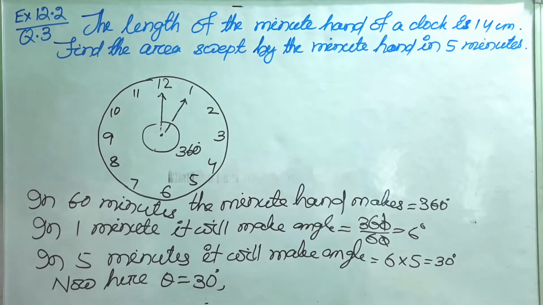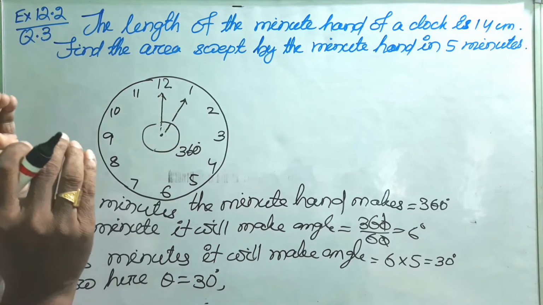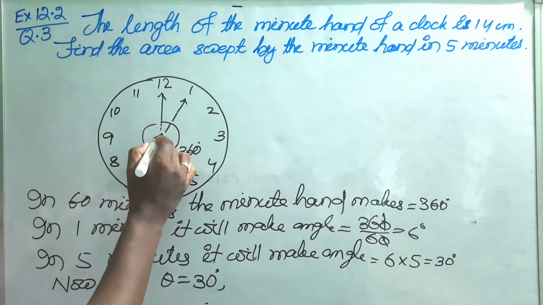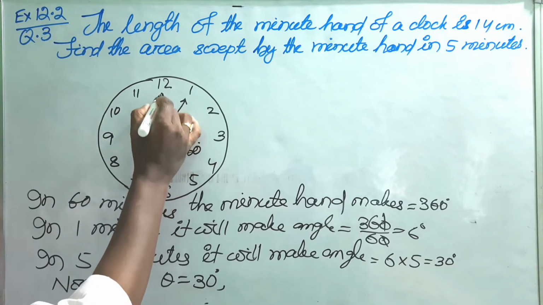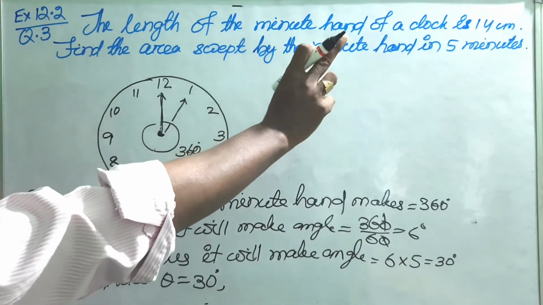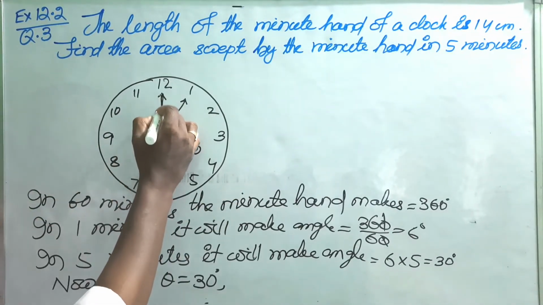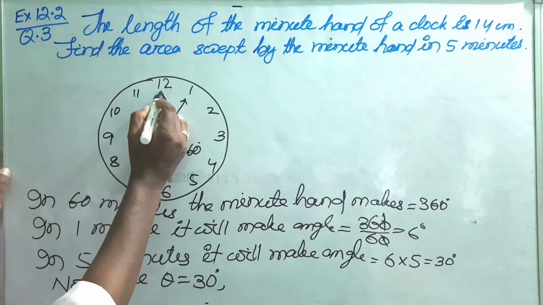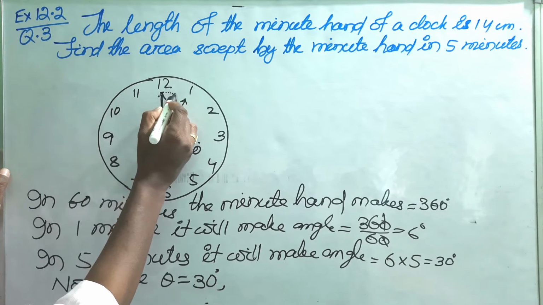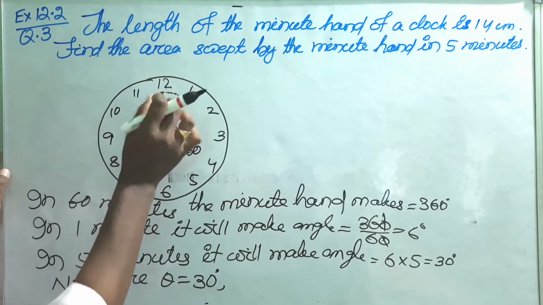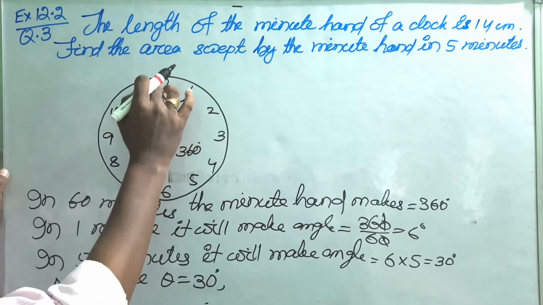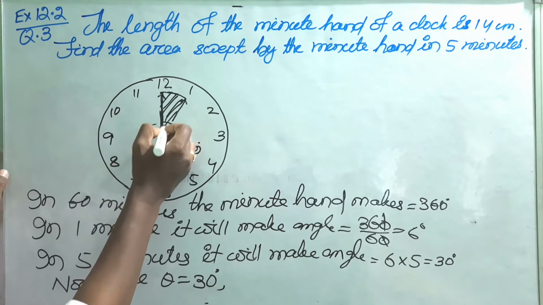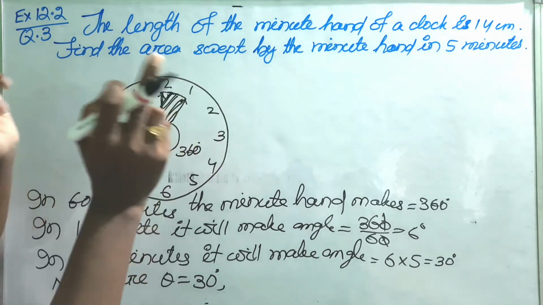Then the radius of the sector. Now which one is the sector? Look here, the length of the minute hand is given as 14 centimeter. The area swept by this minute hand is this much. The tip is moving in this direction. The locus of the tip of this minute hand is like this. So this is the area swept by the minute hand in 5 minutes.